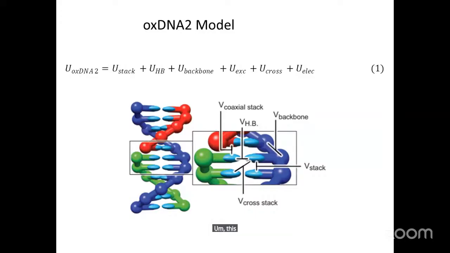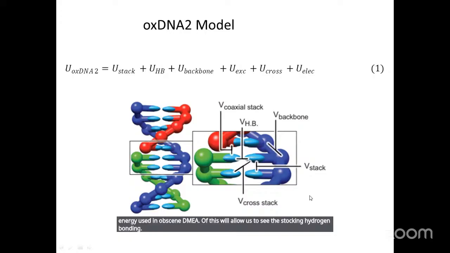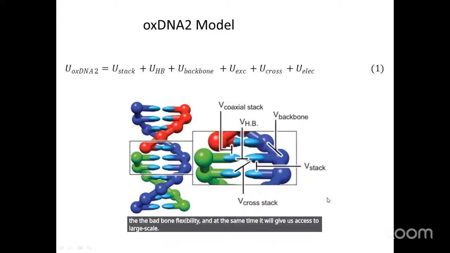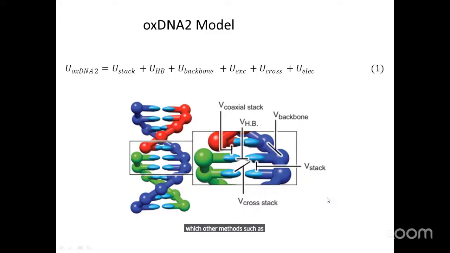As you can see, this is the potential energy used in oxDNA. It allows us to capture stacking, hydrogen bonding, and backbone flexibility, and at the same time gives us access to large scales, which other methods such as atomistic simulations struggle with.